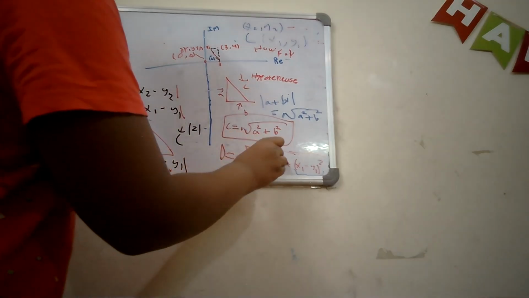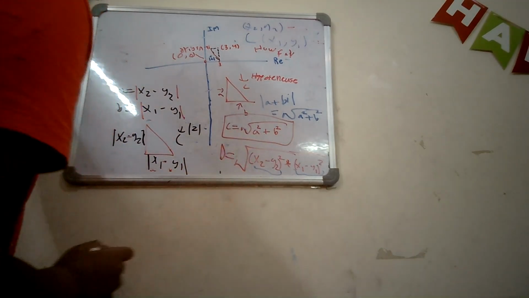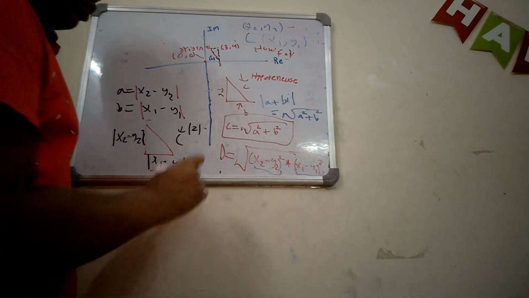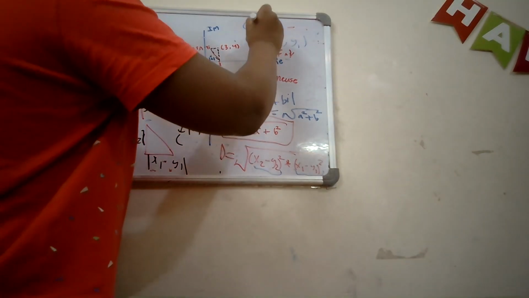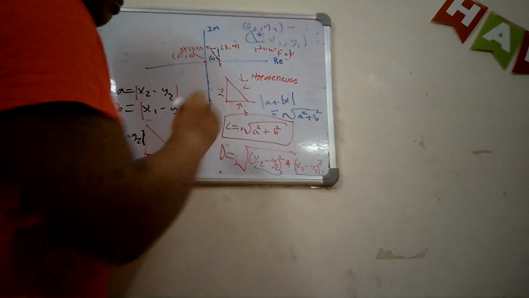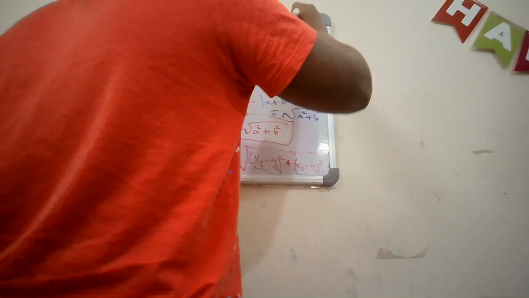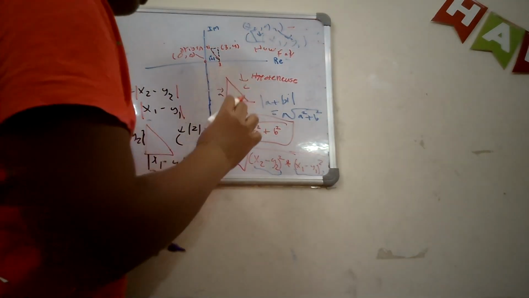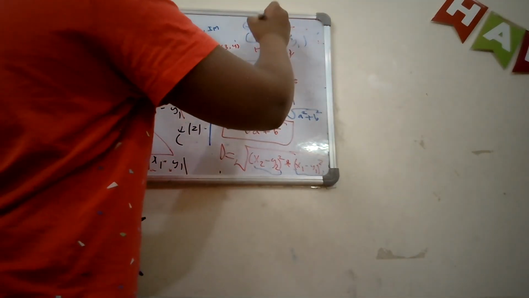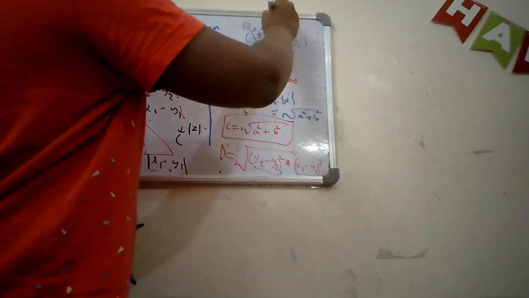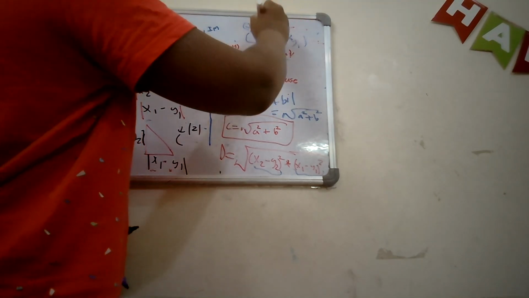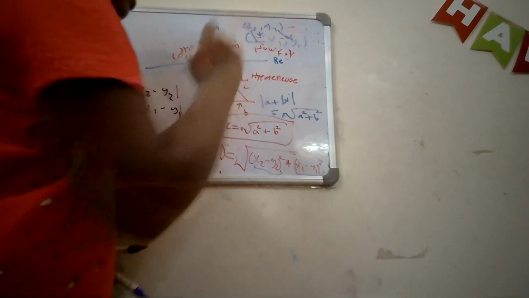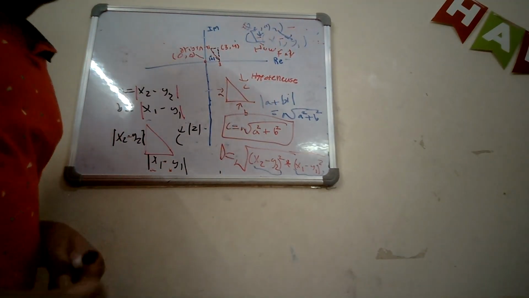Good? That's why we get this. Because we're subtracting this and this, and subtracting this and this. So when we're finding the distance between x2, y2 and x1, y1, we're subtracting y2 and y1, x2 and x1, because these are corresponding. The difference is they're 2D.